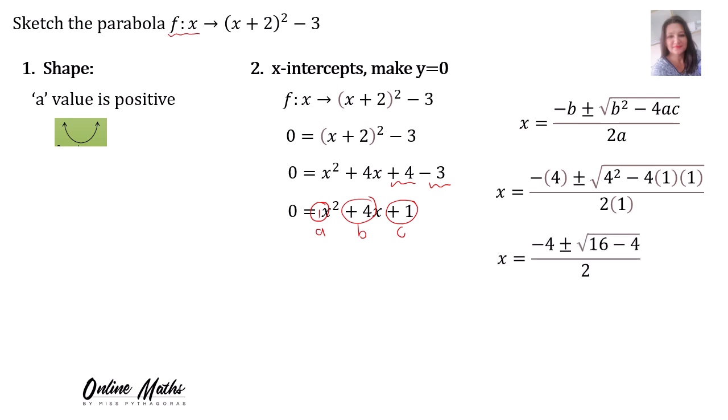And then under the square root, 4 squared is 16 minus 4 times 1 is just 4. And then when you slot that into your calculator, your two x-intercepts are x is minus 0,27 or x is minus 3,73.